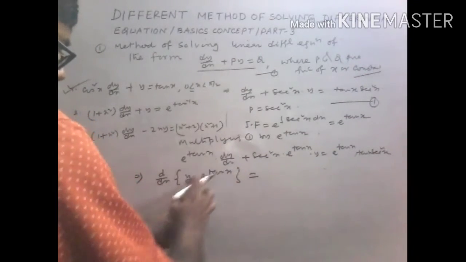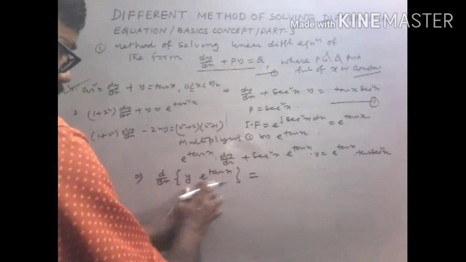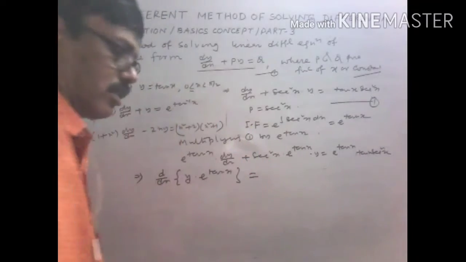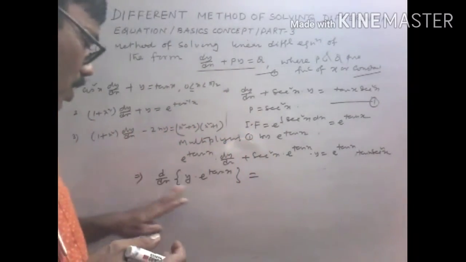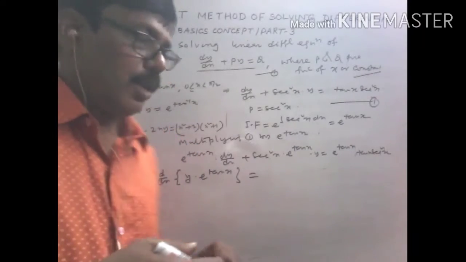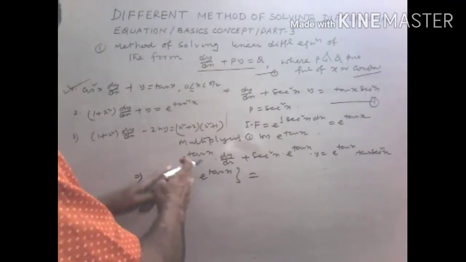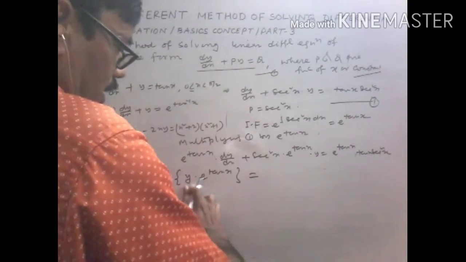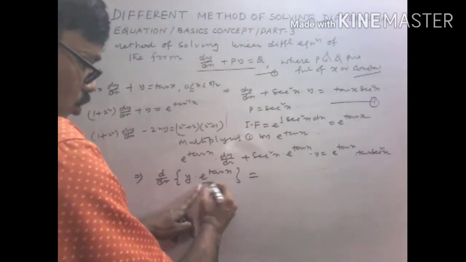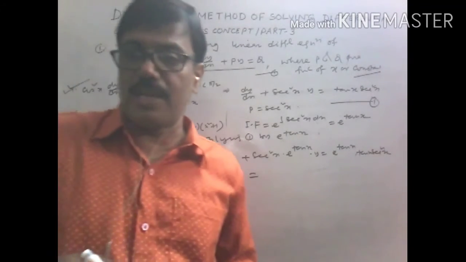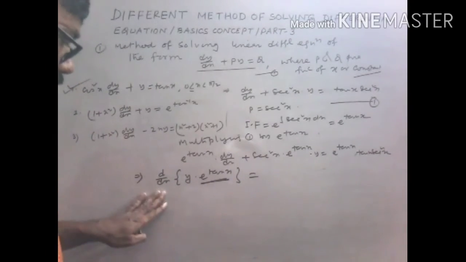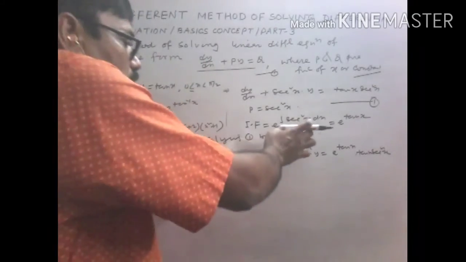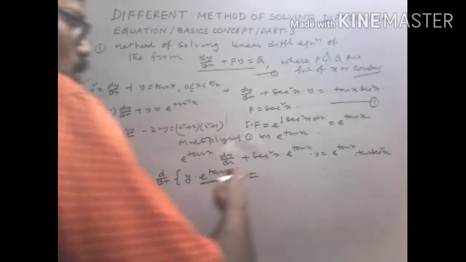The derivative of y is dy/dx, e to the power tan x unchanged; then y unchanged, and the derivative of e to the power tan x is e to the power tan x into sec square x. So this term is called the integrating factor.